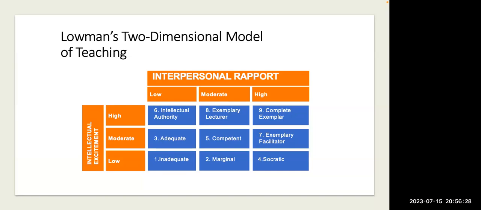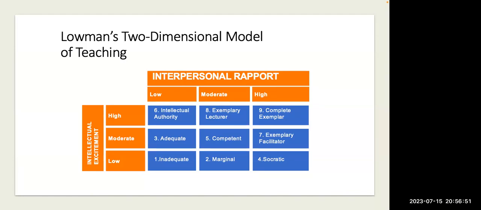And interpersonal rapport is how students view their relationship with you. Are they scared of you, or do they feel close and free, and can say, okay, I can ask anything, and ma'am or sir will not be upset. You make the time for them to ask questions. You are a warm, inviting person.